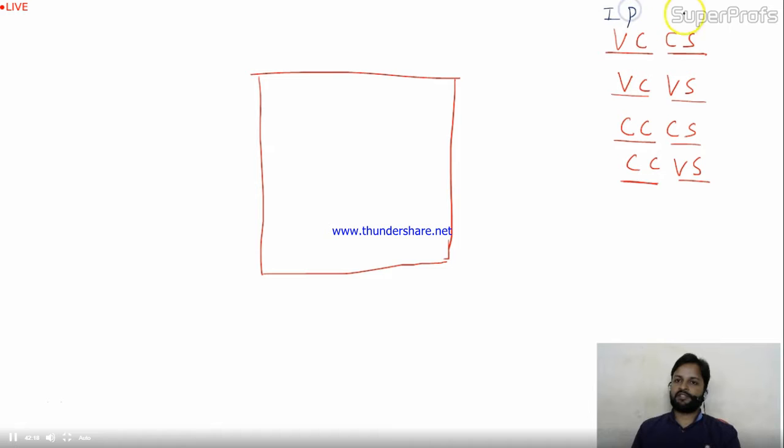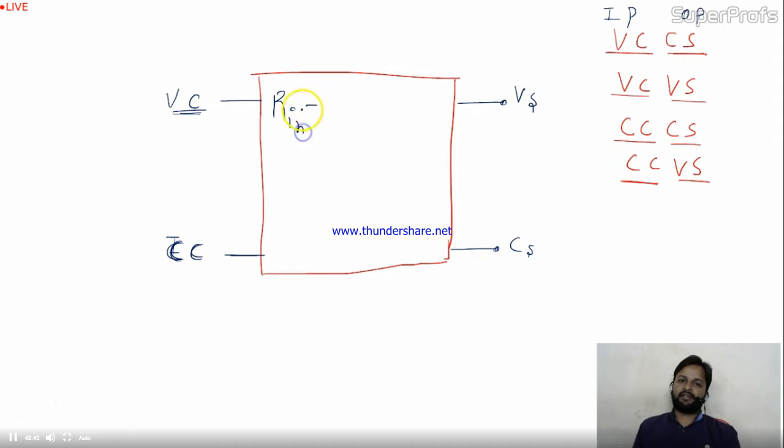At the input you may have voltage control or current control, two things you can have. At the output you can have a voltage source or a current source. So if you have voltage control, the input resistance will be very high.